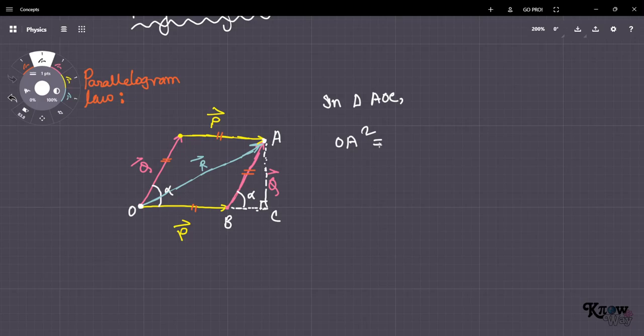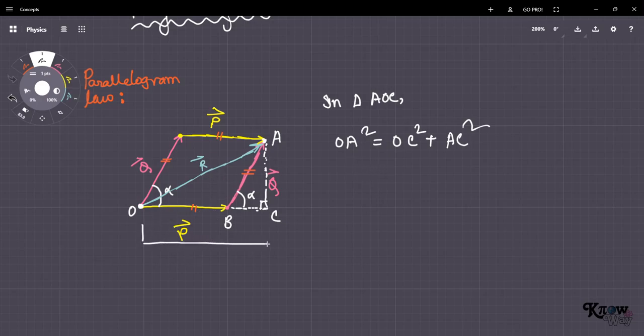OA squared is the hypotenuse, and the hypotenuse will be equal to the base, which is OC squared, plus the height, or the perpendicular, or you can say the opposite, which is AC squared. Now, what is OC?